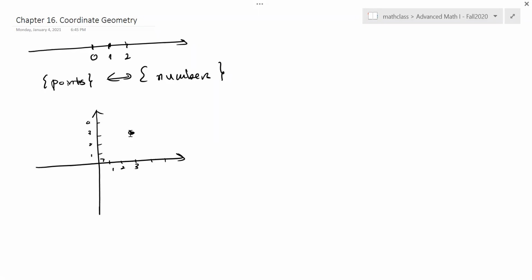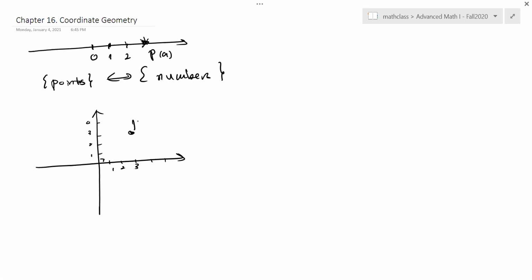Then every point corresponds to a pair of numbers. And here, every point corresponds to one number, right? A point P, and then there's a number corresponding to that. A number corresponding to the point P is called the coordinate of the point P.